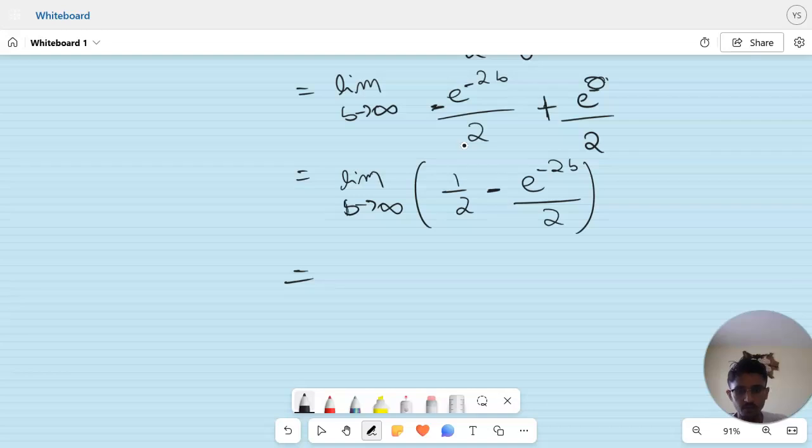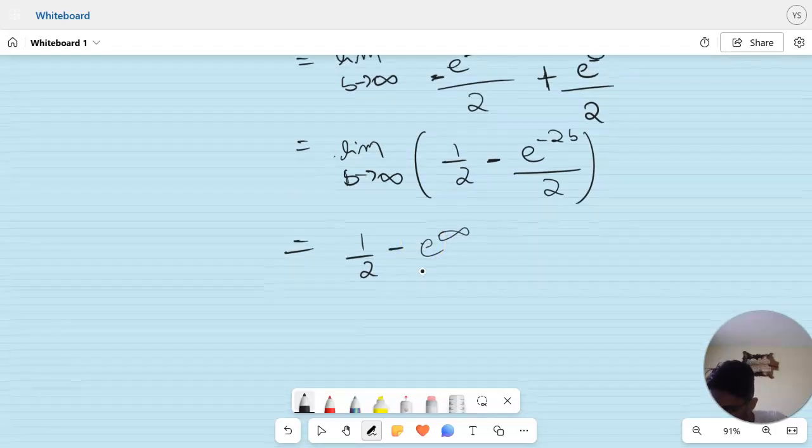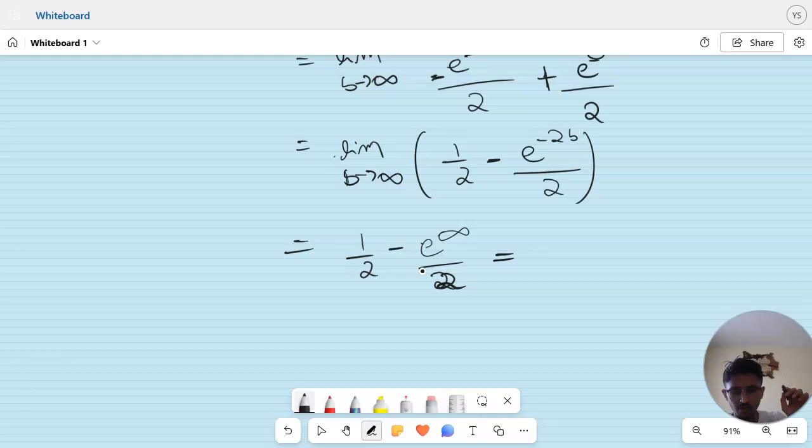We know that b goes to infinity, because we're trying to find the limit. If we look at the graph of e to the negative x, as it goes to infinity it gets closer and closer to 0. So this is just half minus 0, which is half.